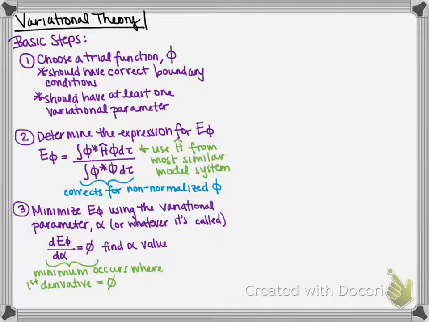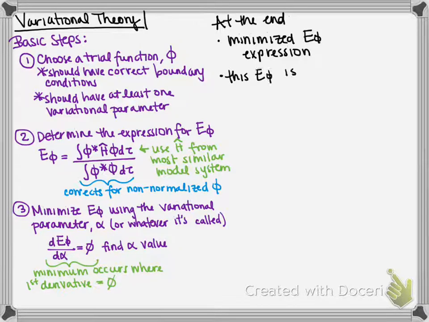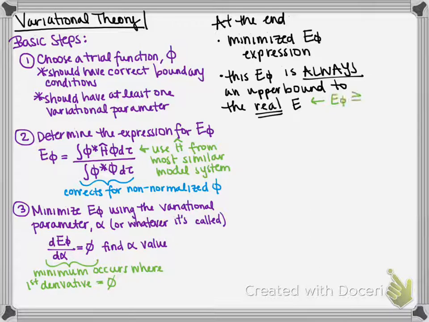Okay, so once we get this minimum energy, what does that mean? What do we have at the end? We have a minimized energy, and it might be an expression, it might still be a function. Presumably we have this alpha that we plug back in, and at the end it's really just a matter of constants. So it's a value. This energy, once it's minimized, is always going to be an upper bound to the real energy.